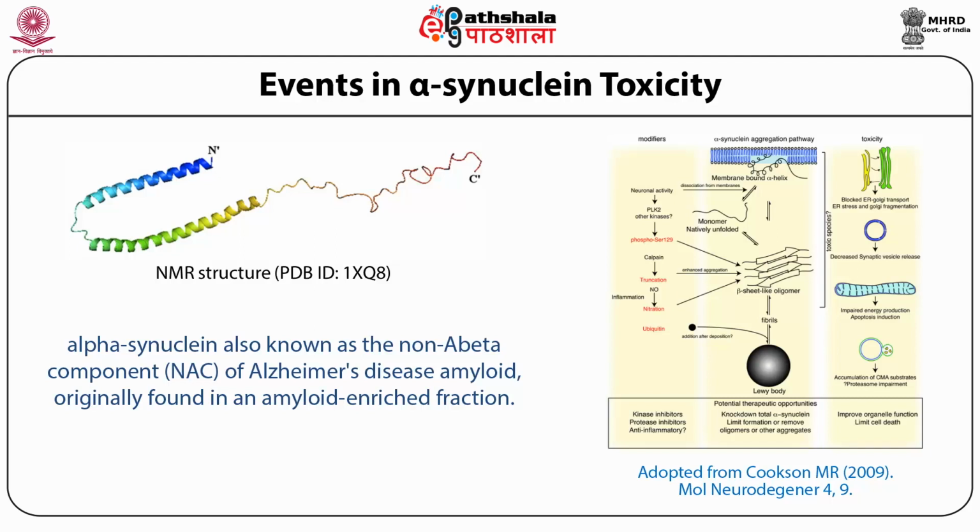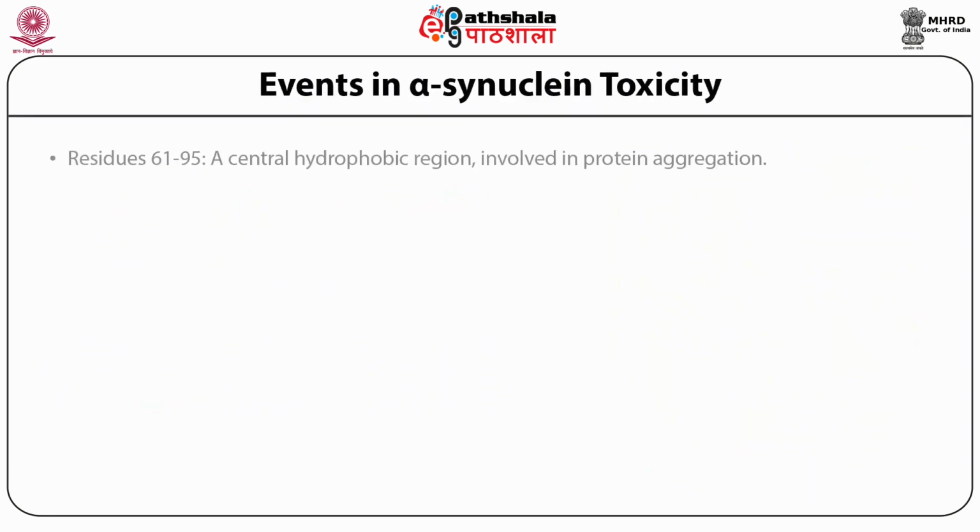There are several ways one thinks the aggregation of alpha-synuclein could be stopped, by different kinase inhibitors, protease inhibitors, etc. So this is the Lewy body which is responsible for the disease symptoms. The residues 61 to 94, the central hydrophobic region, are involved in protein aggregation in alpha-synuclein.